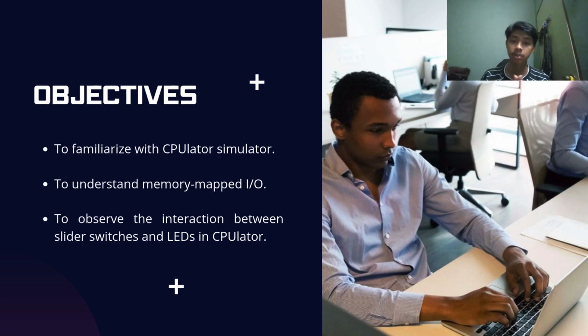Lastly, we need to observe the interaction between slider switches and LEDs in CPUlator. All these three objectives we need to achieve at the end of our lab session. Then we go to our question.